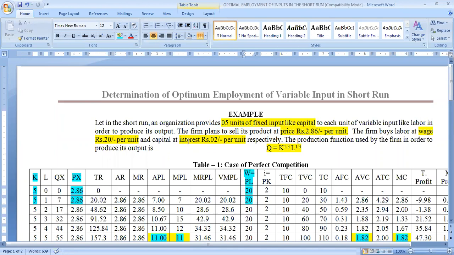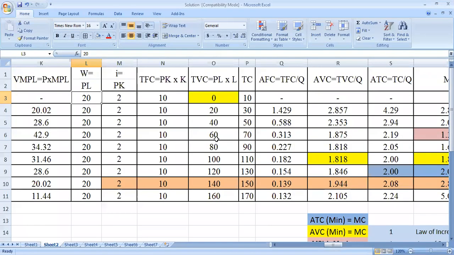And capital at interest, so the price of capital is also given, which is 2, right? So this is the information given to us in this table. That is why we have assumed that the wages should be 20 and these are not changing. The price of capital is 2, and these two columns are given to us within the statement.